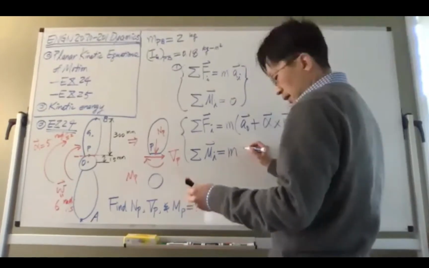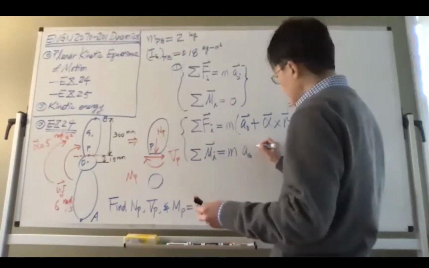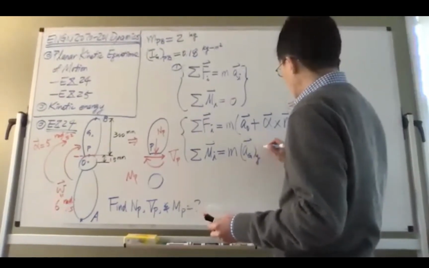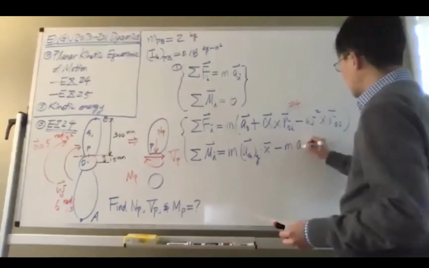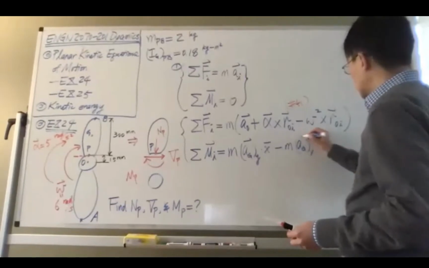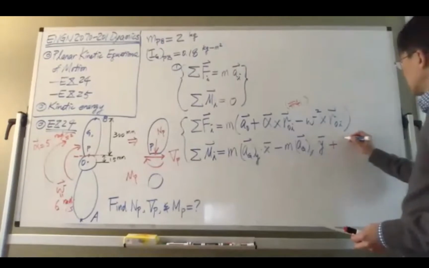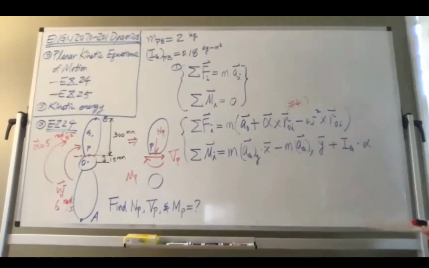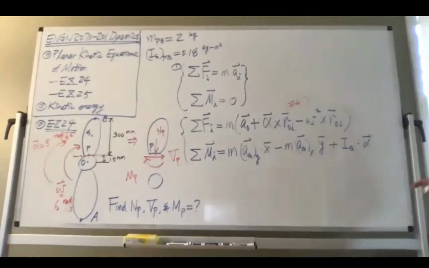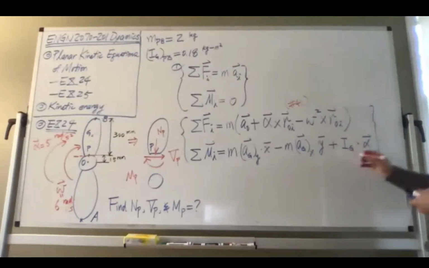Equals to m times a g y times x bar minus m times a g x times y bar plus I g times alpha. Of course, this must be angular here. This part is on my notes, page 47.